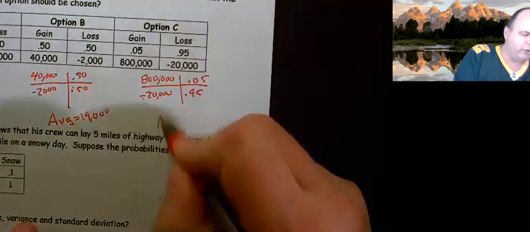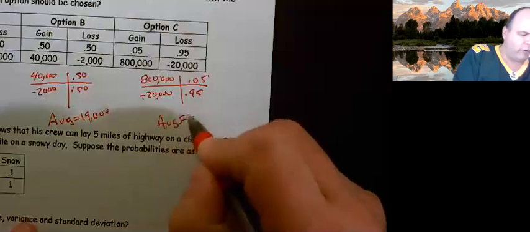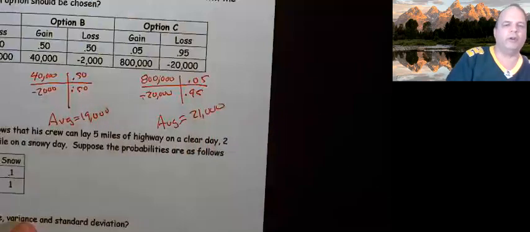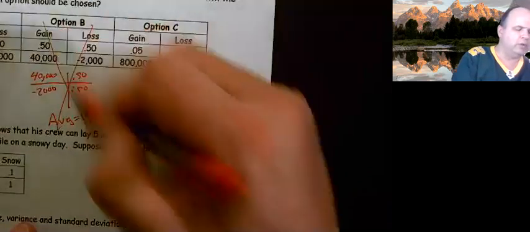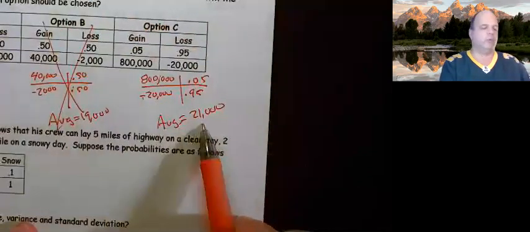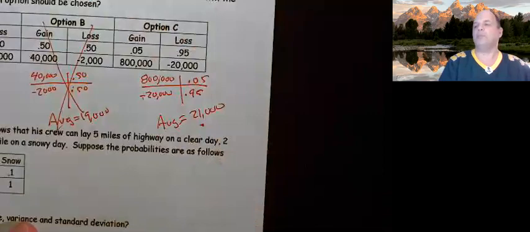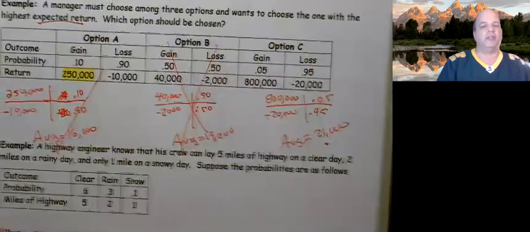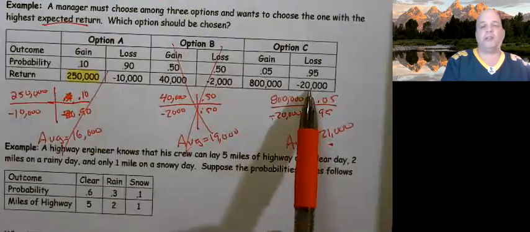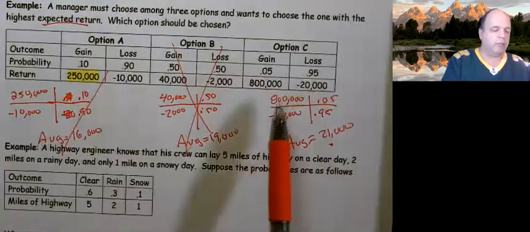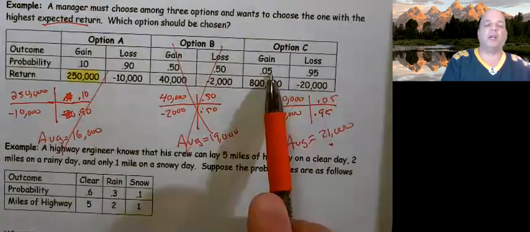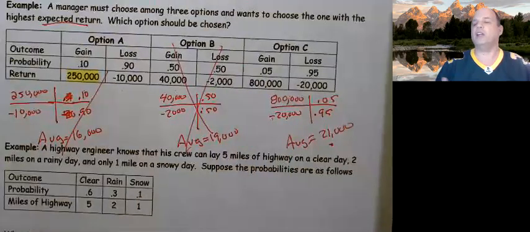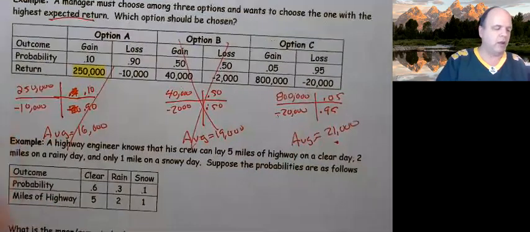So the average, if we did this over and over again, we would expect a return of 21,000, which is greater than this. So we would choose option C. Option C would maximize our return. That said, 95% of the time we're going to lose 20,000, but because we win so much 5% of the time, it's worth it if we can stay in business long enough to do that.